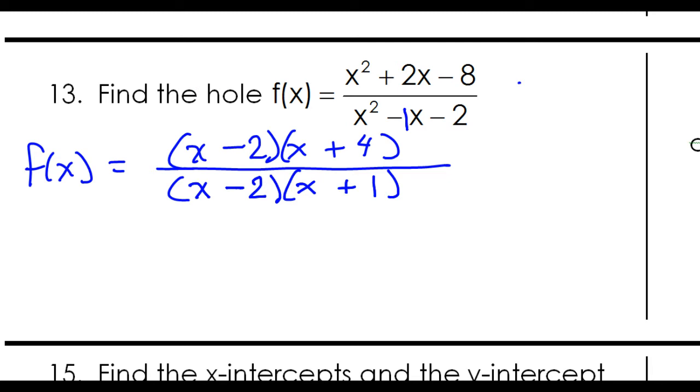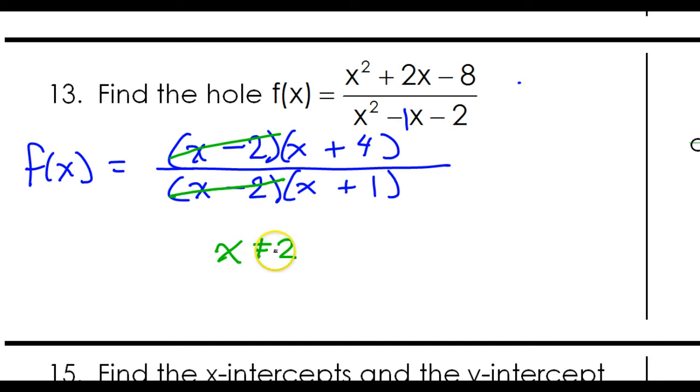So, notice the hole comes in when you have a factor that cancels out. Even though this factor cancels out, you still have this restriction that x cannot equal positive 2, because that would cause a 0 in the denominator before it cancels out.